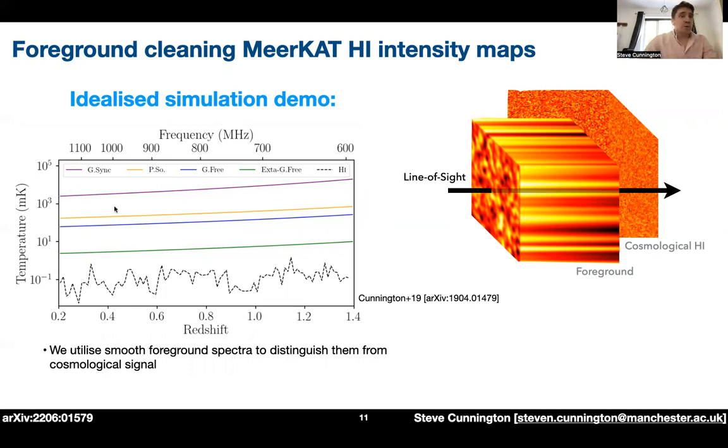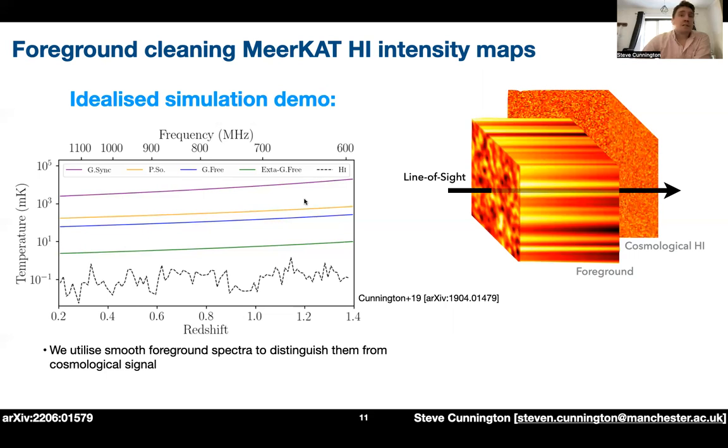That includes what we call foregrounds. These come from astrophysical processes like galactic synchrotron and free-free emission, which are both things that come from within our own galaxy, and also extragalactic point sources. As you can see from the simulation example, all of these foregrounds dominate the cosmological signal by many orders of magnitude, so we have to remove them to have a chance of observing this.